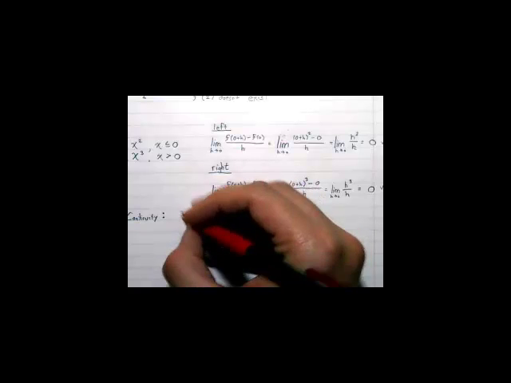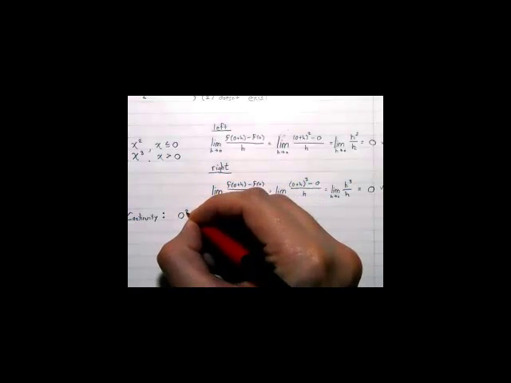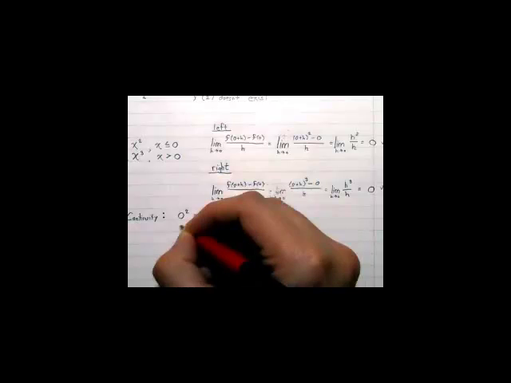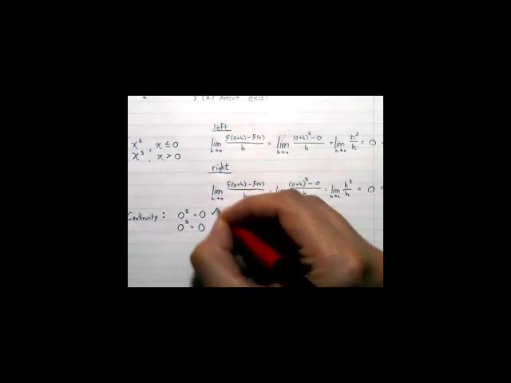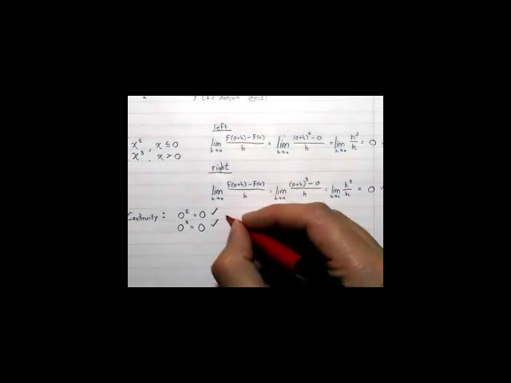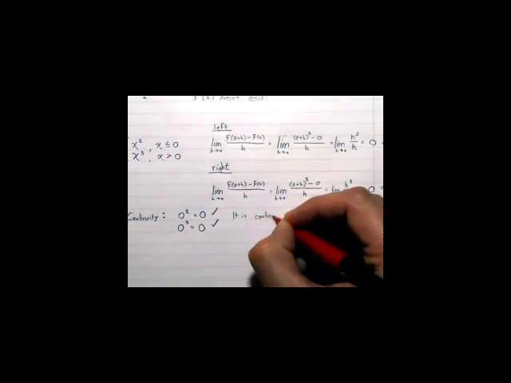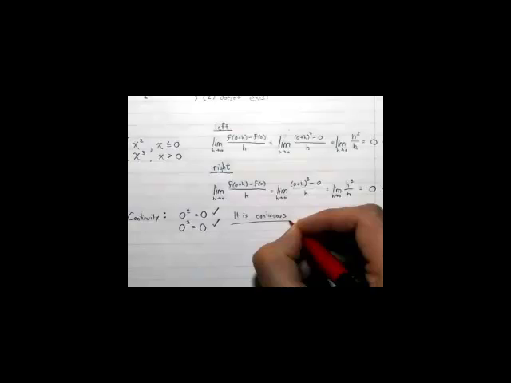So 0 squared is 0, and 0 to the third is 0. So not only are they getting the same derivatives, they have the same value too. Okay, so it is continuous. The derivatives come out the same, so we're good. It is differentiable at 0.